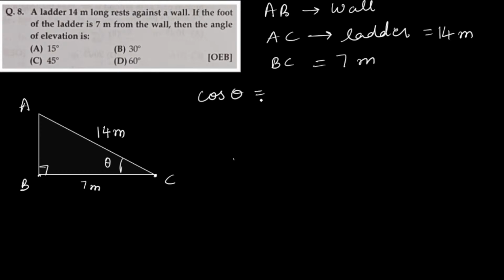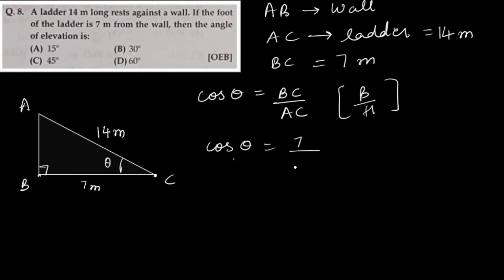Cos theta is base by hypotenuse, so BC by AC. Cos theta is equal to BC's value 7 by AC's value 14. We can do cancellation here, 7 into 1, 7 into 2. So cos theta is equal to 1 by 2.